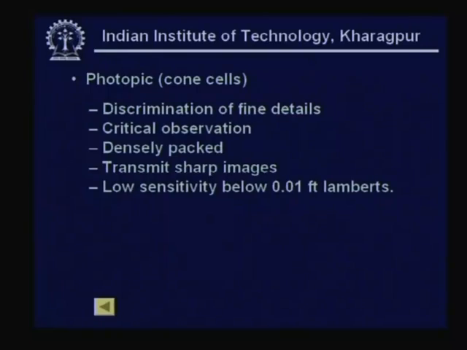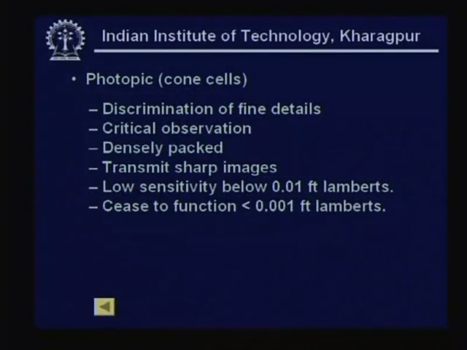So, if you have a large number, you have a higher strength. That is what is happening. You are able to get more details and the fine form with the help of this. However, these cells do not respond to illumination levels which are less than 0.01 foot Lamberts.